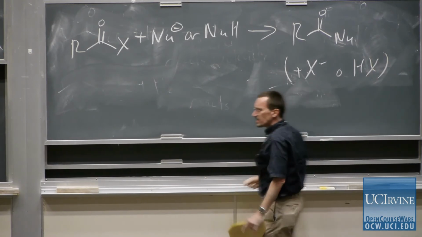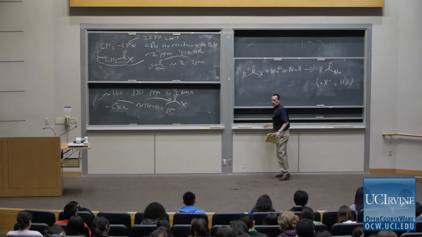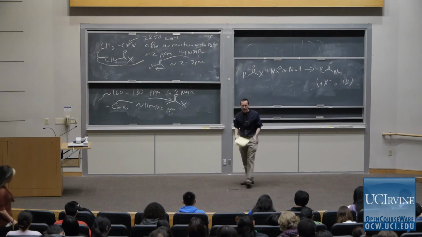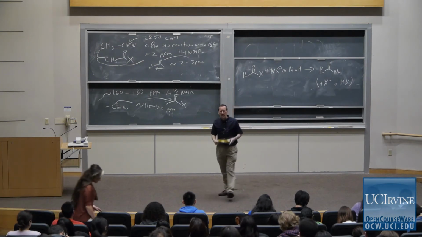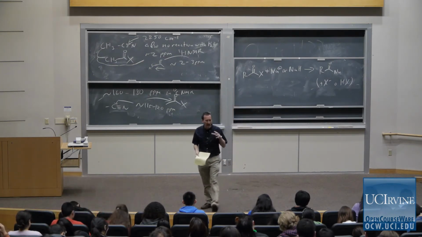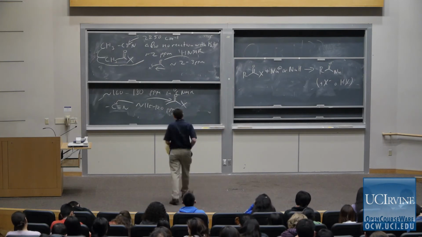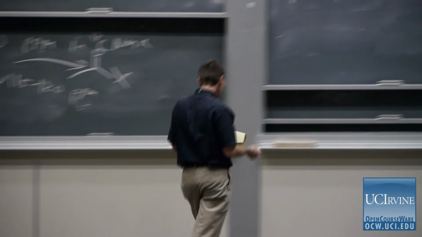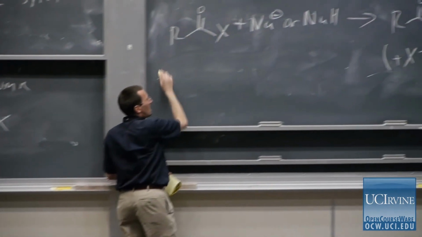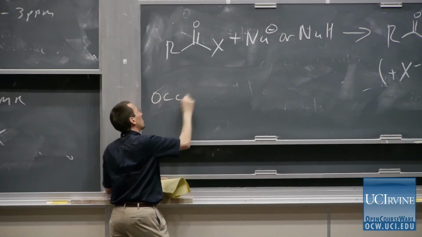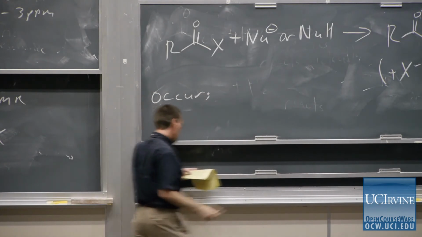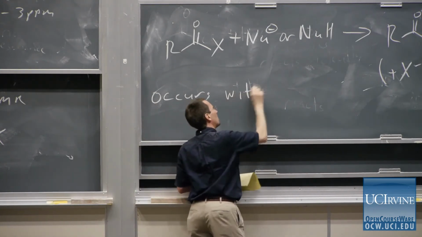And that's not meant to be a functional equation at this point. This is meant to be a generalization, and now I want to start to put structure and some specifics to this. And so what I would say is this occurs with basic nucleophiles.